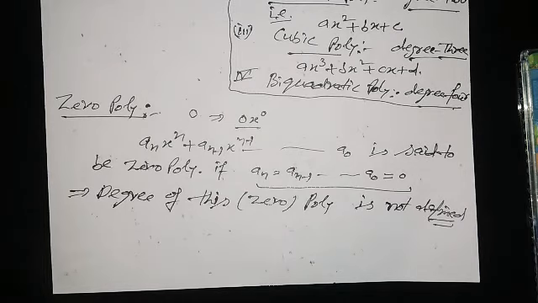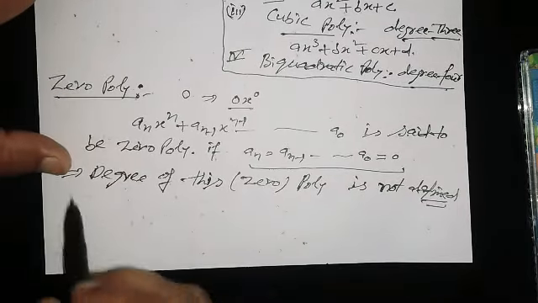so I have classified and clearly defined every point: what is a polynomial and what are its types.